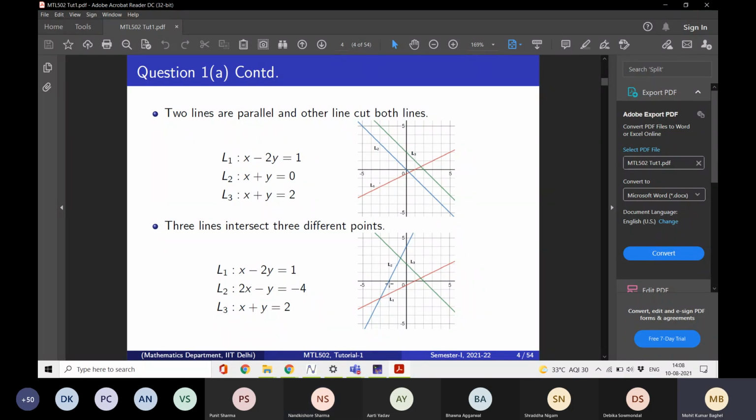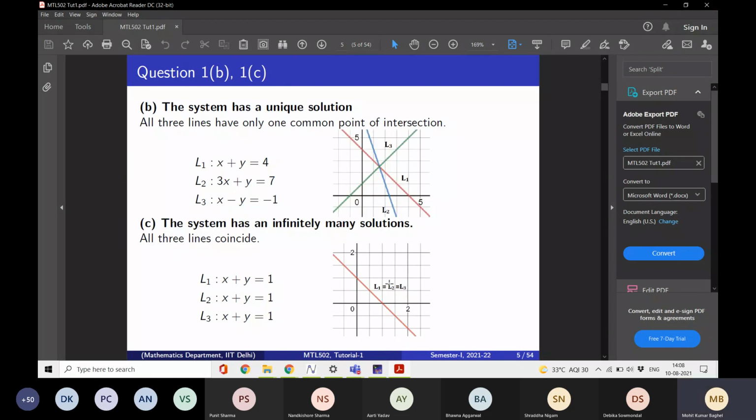In this way, you can answer this question from the cases, as many possible cases for the three lines. For the unique solution case, you can draw L1, L2, L3 where one point is a common point, and you can say that this is the point of intersection, the common point, and that will be the solution of the system.